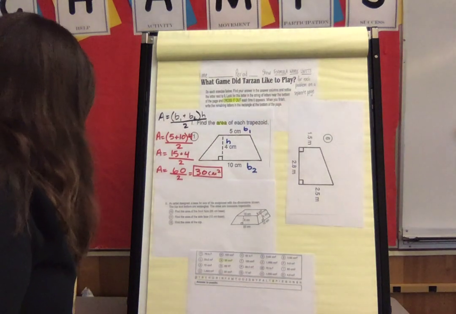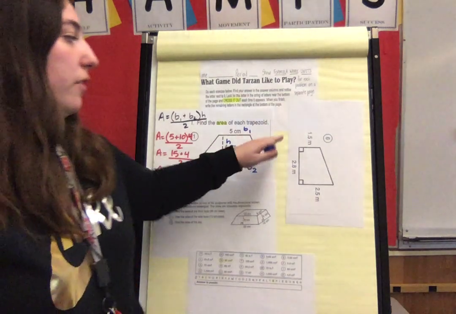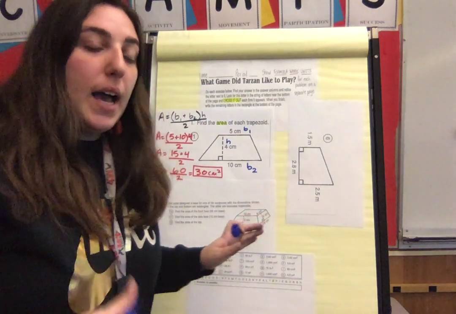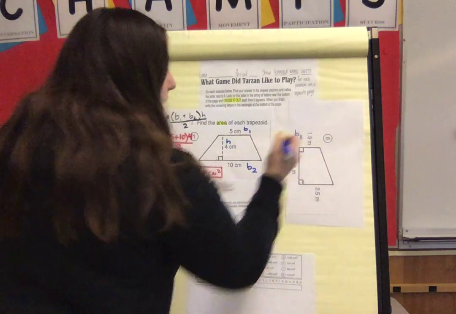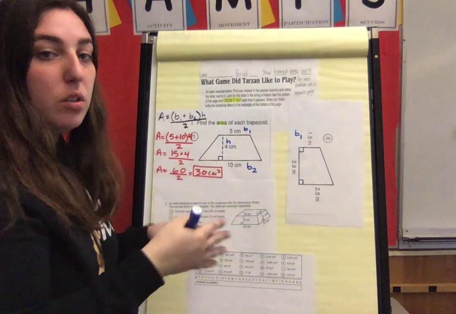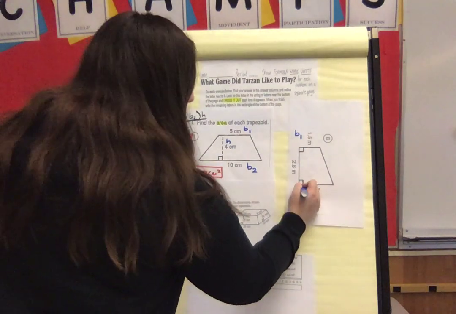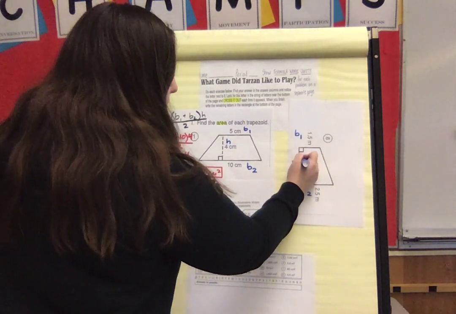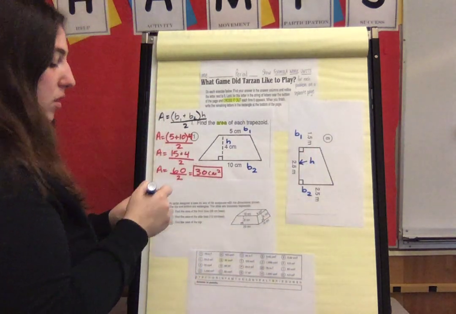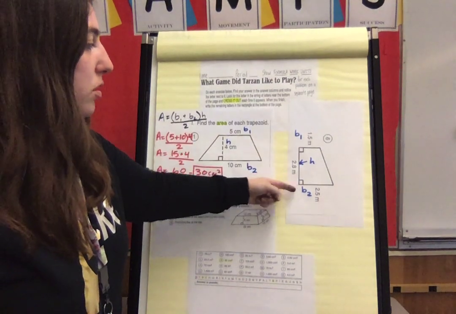So before I begin, I'm going to identify what my bases are, what my height is, so I can get started. So here's base 1, and I just chose to label that base 1. You could have said it's base 2. Here is base 2, and then here is my height. Okay, the height goes from base 1 to base 2.